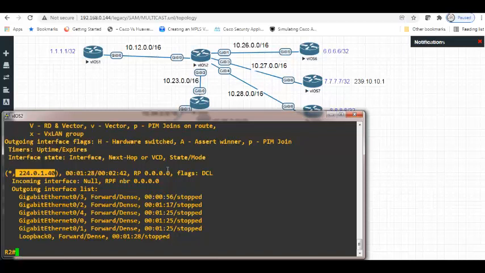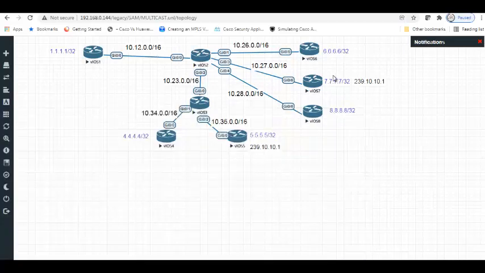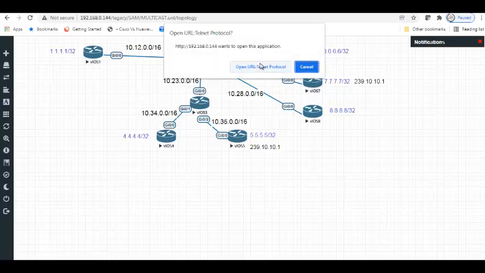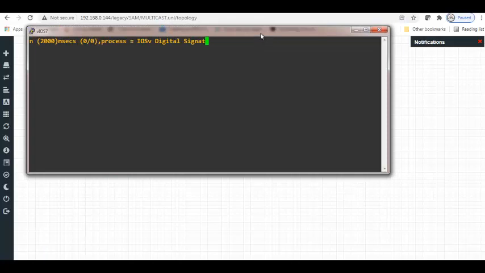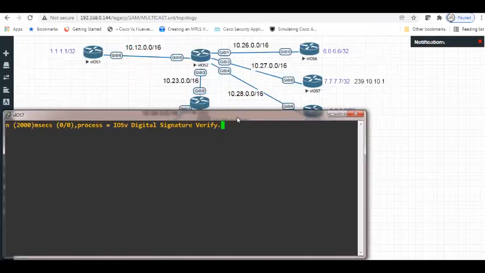Our focus is 239.10.10.1. 239.10.10.1 is attached to router 7 and router 5. So if I go and check in router 5 and router 7, I should be seeing that in the mroute table.